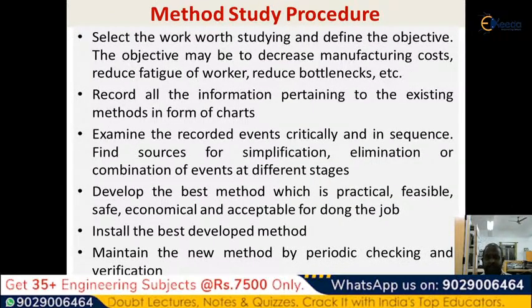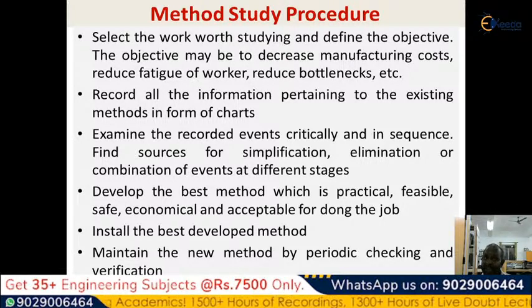So what is the procedure that I am going to adopt for a method study? First I have to understand what product I am going to take. If a product is going to work under only 1 or 2 machines, it is meaningless to adopt a method study procedure, because that product needs those 2 machines anyway. It has to undergo the 2 processes and go out.